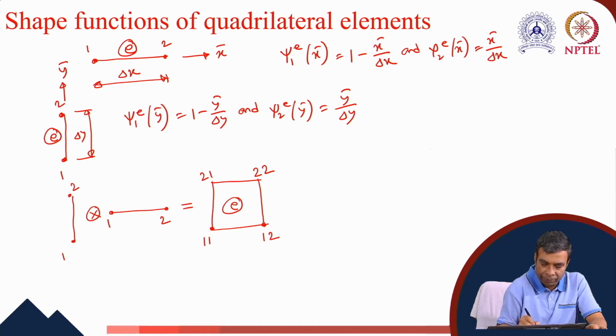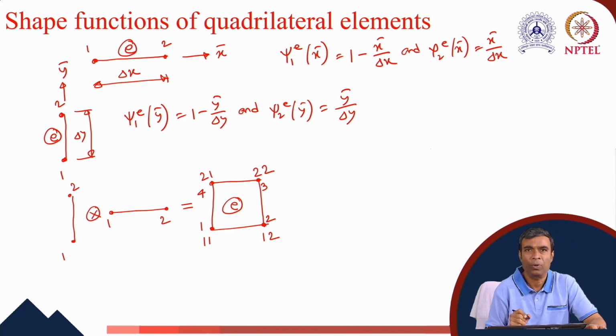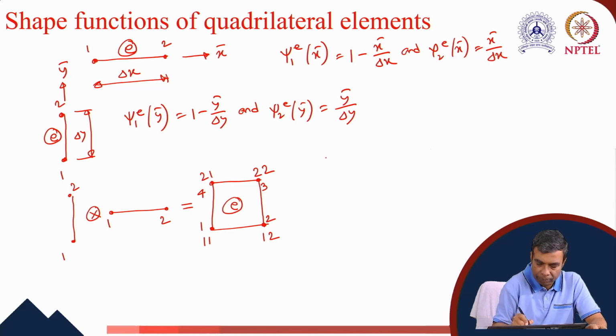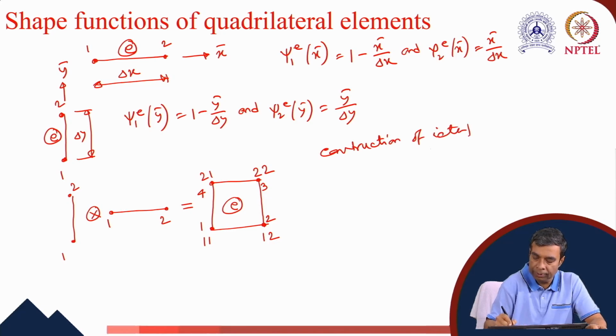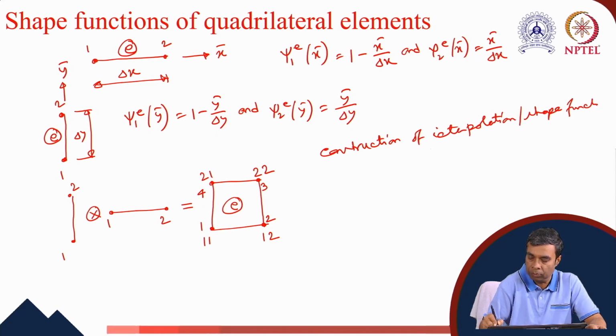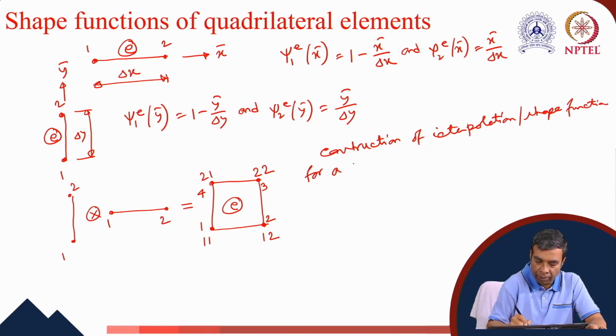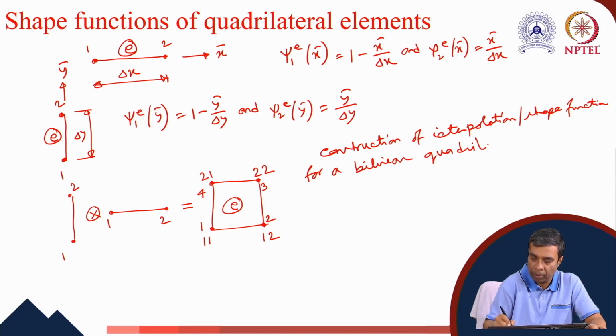Now, they are the local nodes 1, 2, 3 and 4. So this is local node 1, this is local node 2, this is local node 3 and this is local node 4. Now we construct the interpolation or shape functions for a bilinear quadrilateral element.